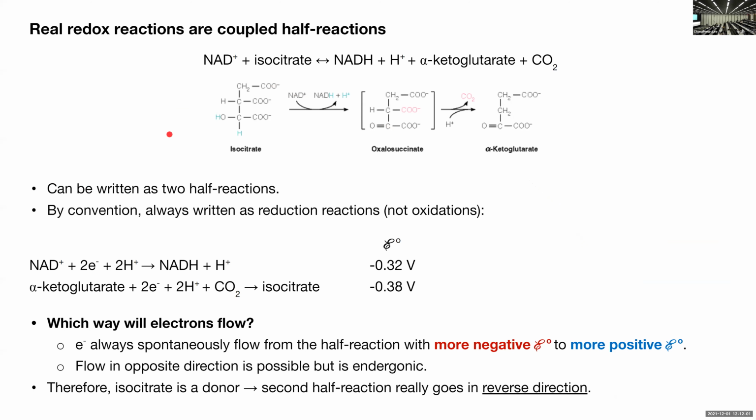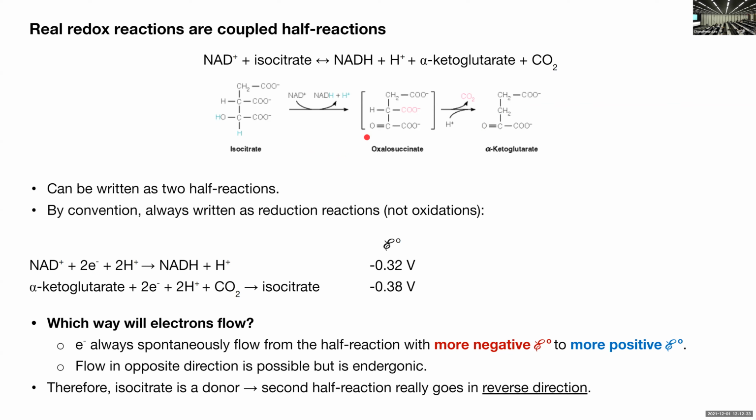So let's take an example of these two half reactions, how the redox reactions happen, and how we can understand them in terms of thermodynamics and the reduction potential. So I took this reaction from, as you can sort of remember, the TCA cycle, where the isocitrate is going to be oxidized to become alpha ketoglutarate.